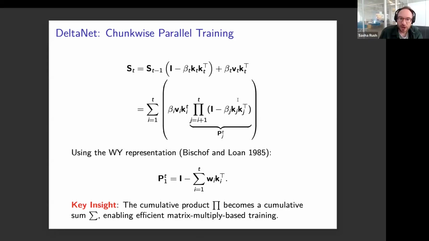Where did the beta go? Does this go away? This one? The inner beta, yeah. I think I only need to do some small adaptation to the WY representation. Yeah, I can do some generalization, so these two vectors do not need to be the same.